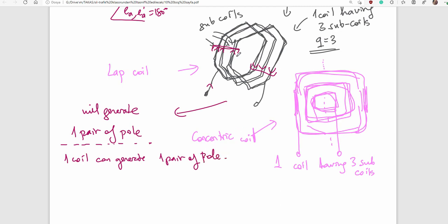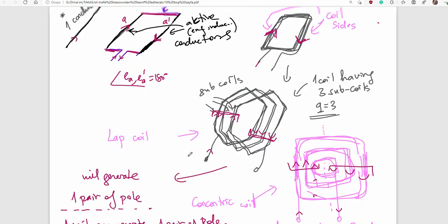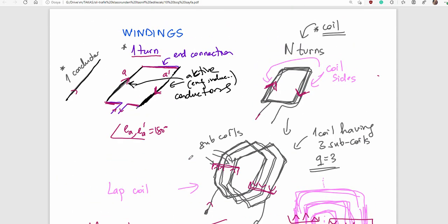Here you see 2 current groups, and we apply some current upward, downward, and then here upward, downward, and then here upward, downward. Here are 2 current groups constructing one pair of poles, or 2 poles. Any coil can produce 2 poles, or one pair of poles.